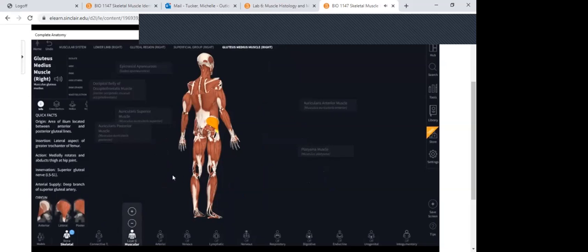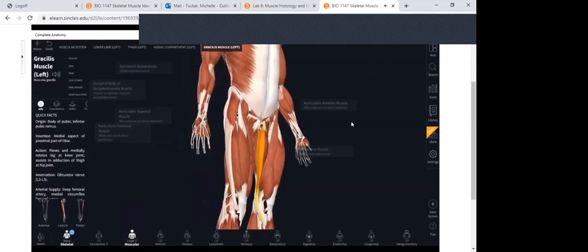So gluteus medius will abduct at the hip joint and move the leg away from midline. For the muscles of the leg, we have gracilis, which will adduct the leg. And then we have a group of adductors.